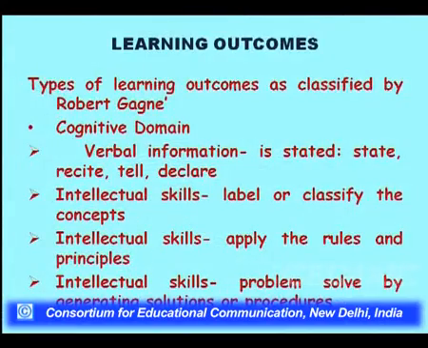Now I come to the learning outcomes. Nowadays learning outcomes are being discussed openly. Now the learning outcomes, as I explained to you, mean what has come out in the behavior of the learner through a process of learning. That is a learning outcome.